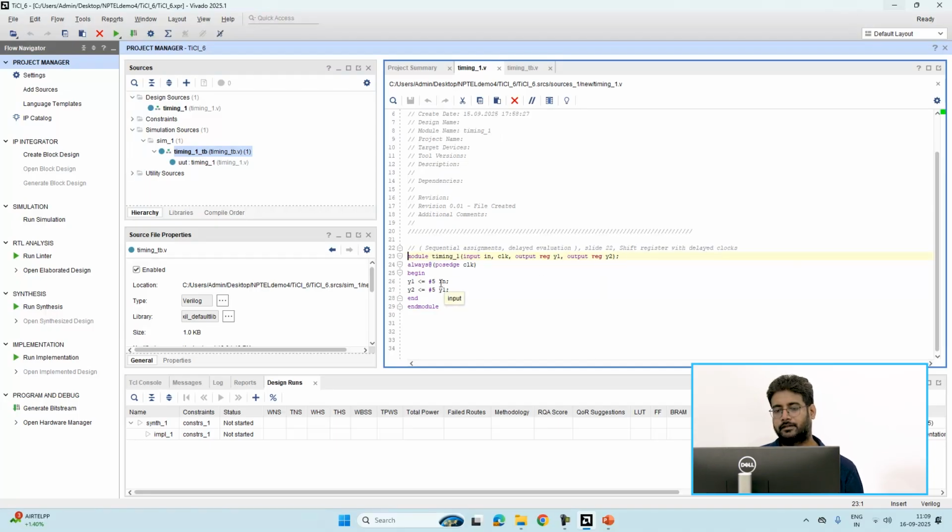Input is evaluated and assigned after this time unit #5. And then y1 is also evaluated, and during assignment there is this #5 and #5 delays. So for this it is like a clock delay of #5. For this it is like a clock delay of #10.